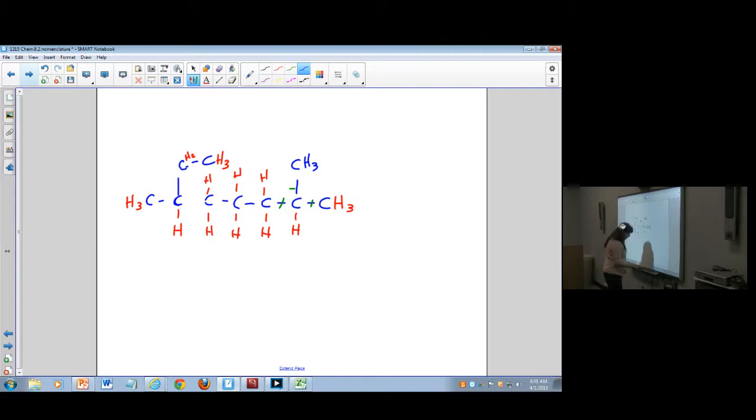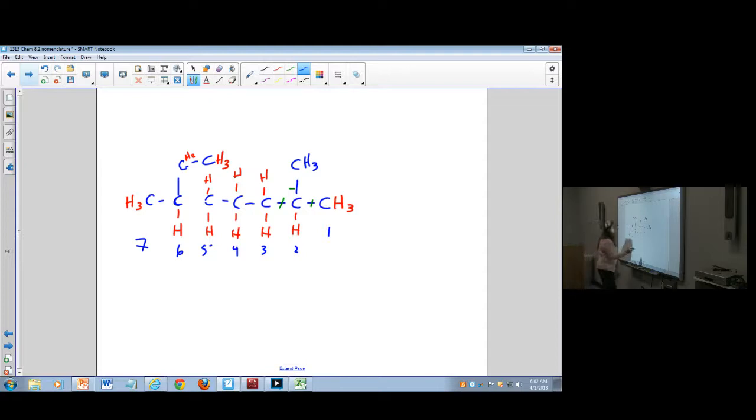All right, the name. Well, we want to number so that the substituents get the lowest possible numbering of the chain. So let's count: 1, 2, 3, 4, 5, 6, 7. So we might call this a heptane.